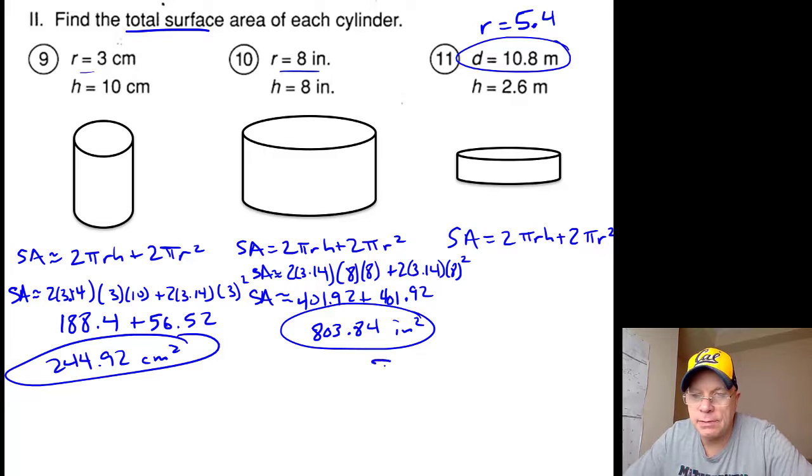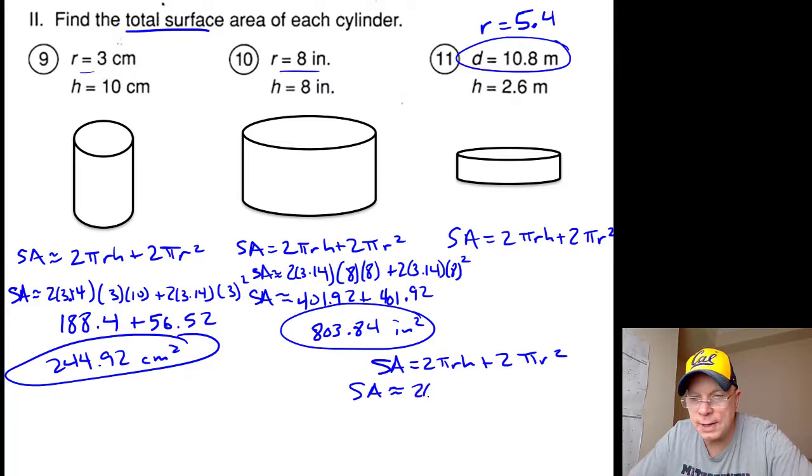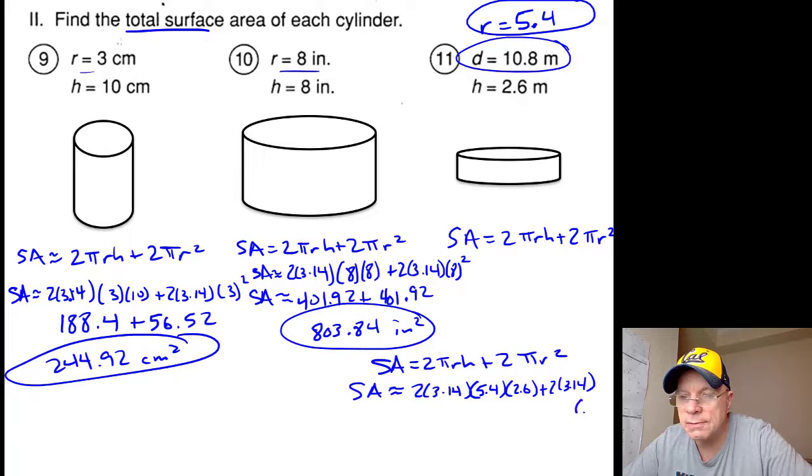Finally, I really should have realized I wouldn't have enough room. I'll put it here, 2 pi r h plus 2 pi r squared. So approximately 2 times 3.14 times 5.4, they didn't give us the radius, they gave us the diameter, times height 2.6, plus 2 times 3.14 times 5.4 squared.